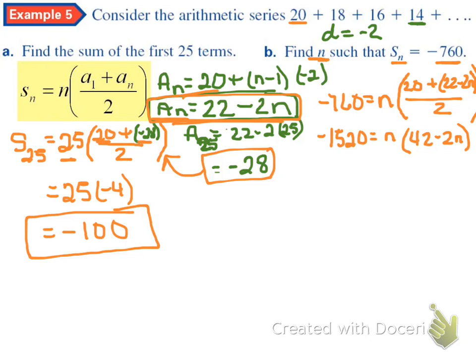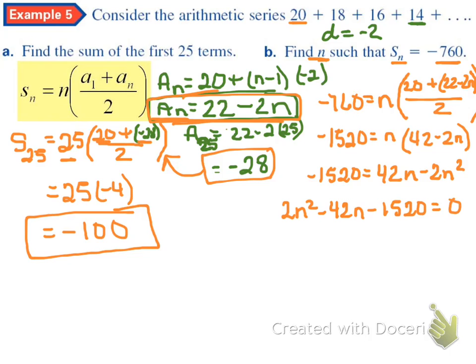So we're going to have negative 1,520 is equal to 42n minus 2n squared. Well, we see we have here a quadratic equation, so let's put it in standard form. 2n squared minus 42n minus 1,520 would be equal to 0.